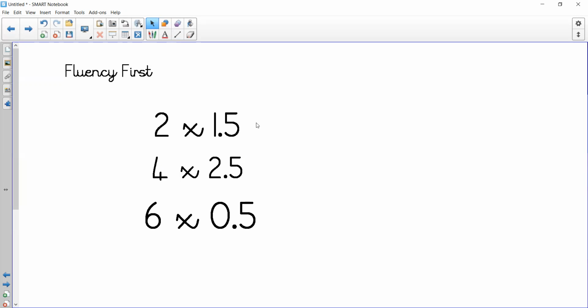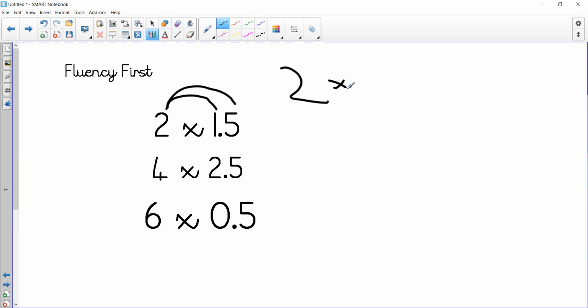Okay, so hopefully nice and easy. So we can think of it, let me get my pen out. We can look at that as 2 times 1, which is 2, hopefully, and then 2 times a half. Well, remember, whenever we're timesing by a half, what is timesing by a half the same as? Oh, it's the same as dividing by 2, isn't it?